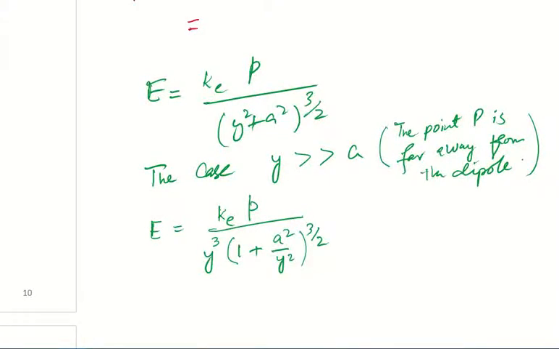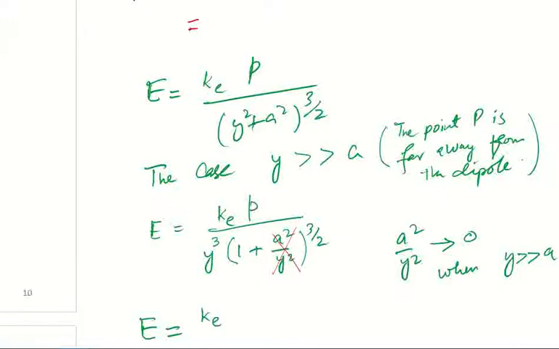And if y is much greater than a, then a square over y square approaches 0, so this thing inside the fraction we can ignore. We are left with the electric field being equal to ke times P divided by just y cube. Sorry, not Q, but P.